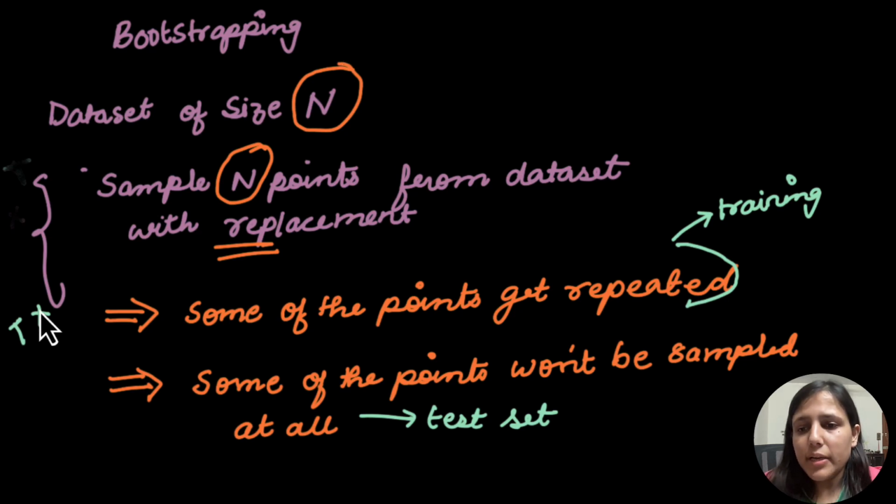So t times, every time you will repeat this. So first step is you will sample n data points from the data set with replacement. With replacement is important because, as we are doing it with replacement, some of the data points will get repeated and some of the points won't be sampled at all.